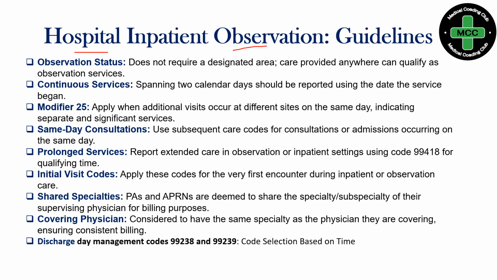So, for example, the first coding guideline is observation status. Regarding observation status, they are saying it does not require a designated area. The care provided anywhere can qualify as observation services. So people will be seeking validation about an observation unit. Okay, it's not about any unit or any kind of room. It is about what kind of treatment the patient is getting, whatever the specialty might be.